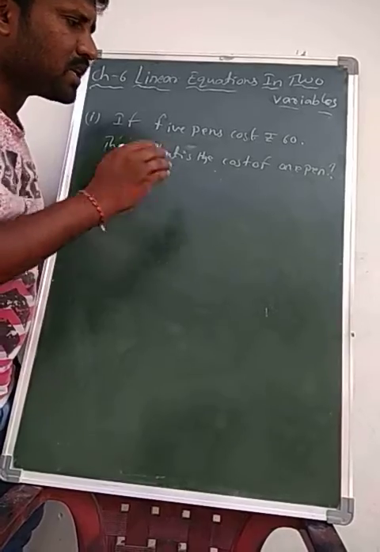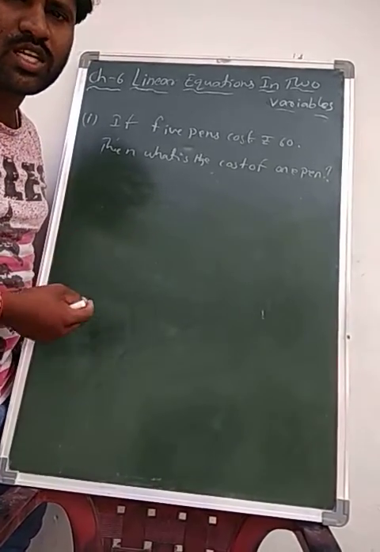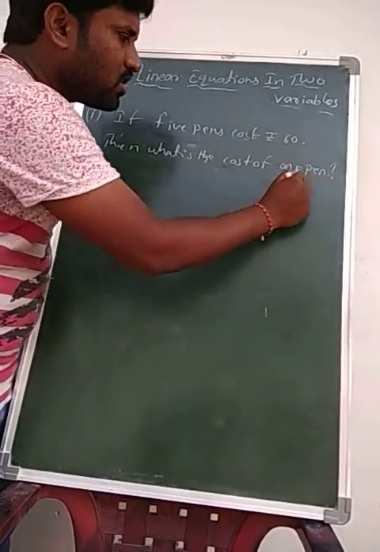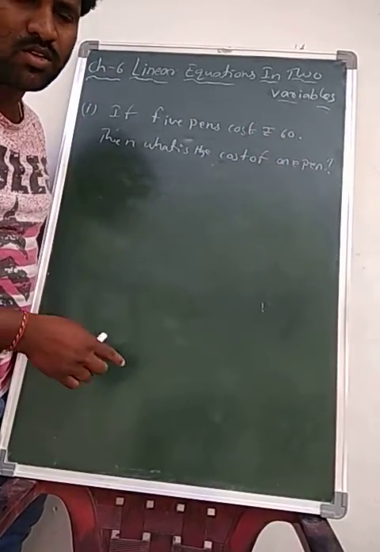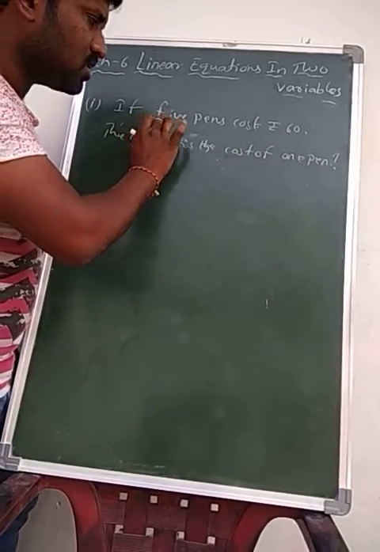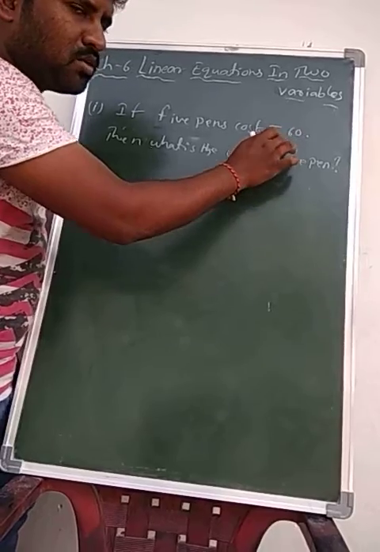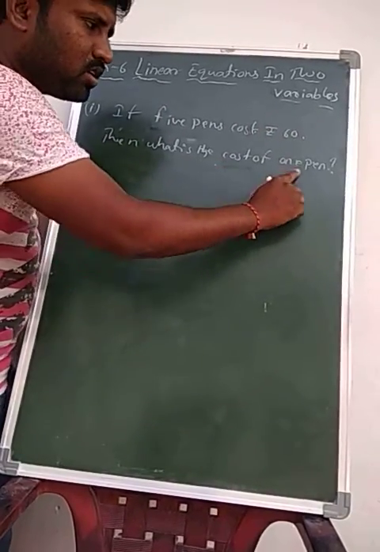In this situation there is one unknown quantity. What is that unknown quantity? That is the cost of 1 pen. We know clearly the cost of 5 pens is rupees 60, but we don't know the cost of 1 pen.